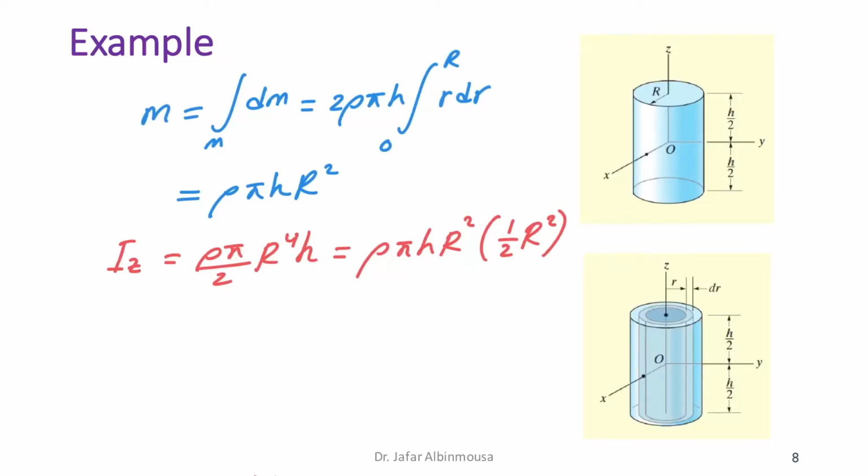Now clearly this term is the mass. So I can now say that Iz for a cylinder is equal to 1 over 2 m r squared.